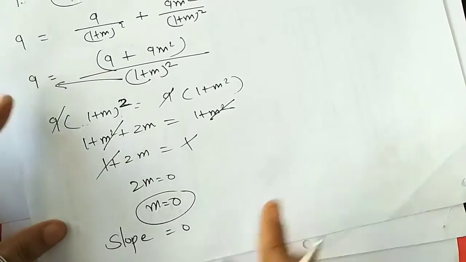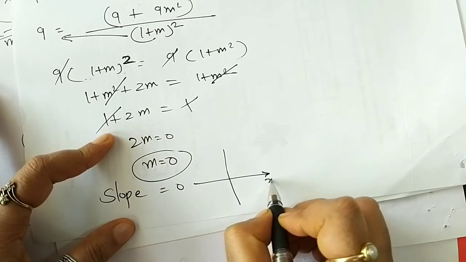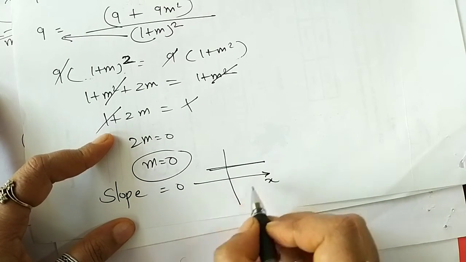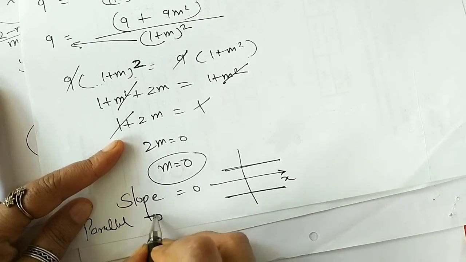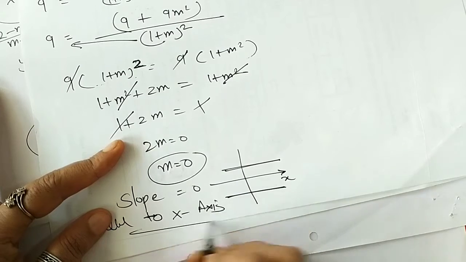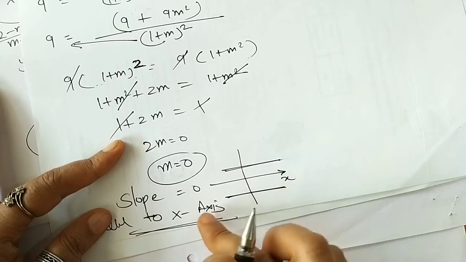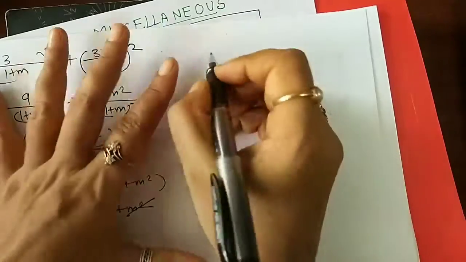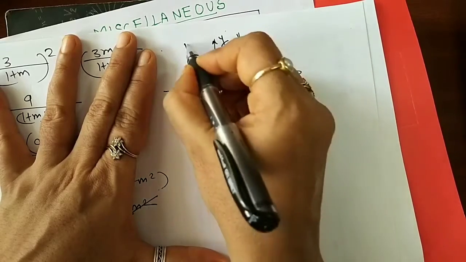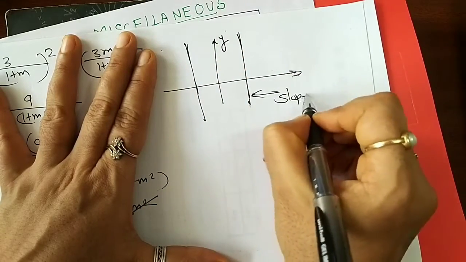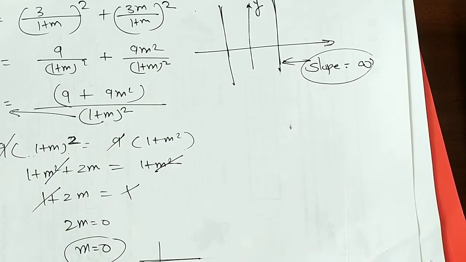And one more thing, if you remember, any line that has slope 0 should be parallel to the x-axis, either here or here. So you can say parallel to the x-axis. This is your answer. Any line which is parallel to the x-axis has slope 0, and any line which is parallel to the y-axis, suppose this is the y-axis, the slope for this line is always infinity. So you should know these small points.